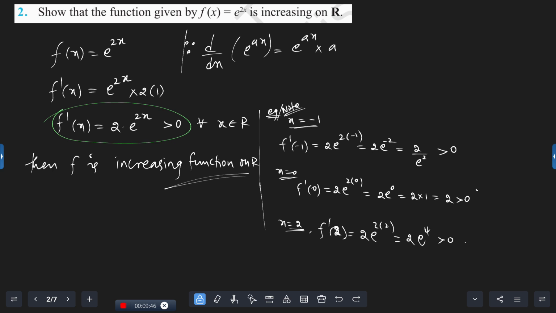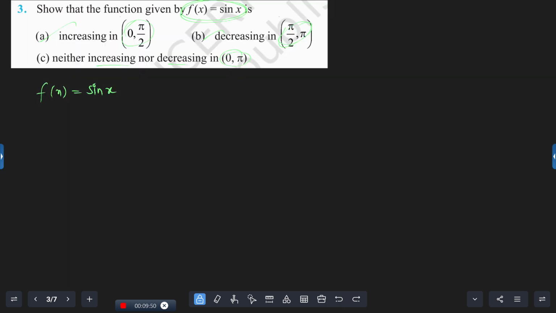As per the definition, f dash of x less than 0 or f dash of x greater than 0. So if you see the word increasing or decreasing, you just differentiate the given function, then check with the help of the given interval.